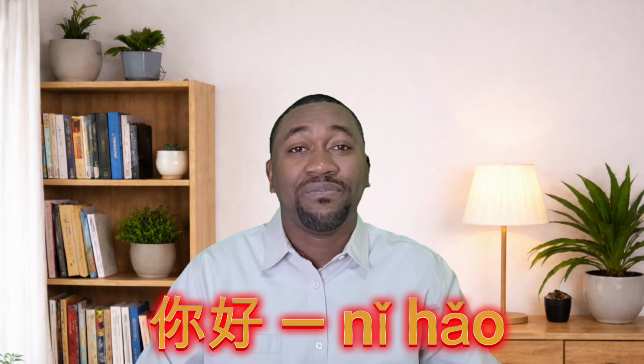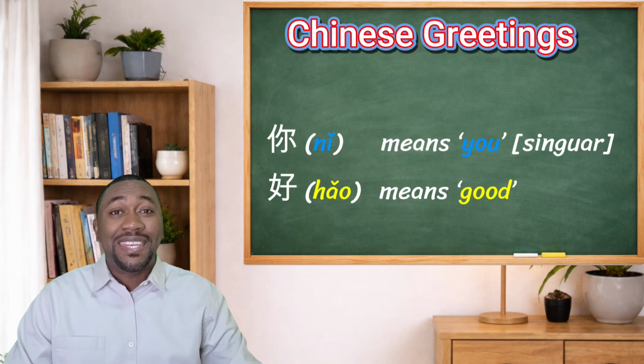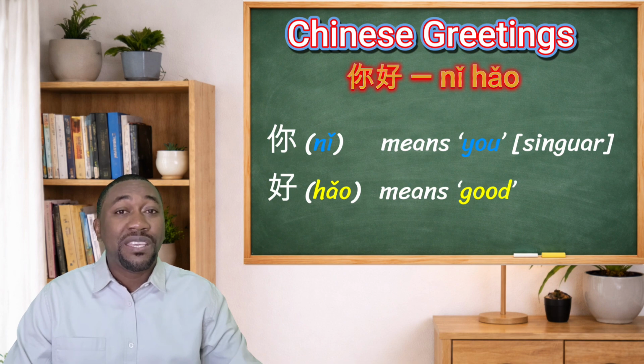We're going to start off by learning how to say hello. The most common way to say hello in Chinese is Ni hao. Now let's break it down. Ni means you, singular, and hao means good.